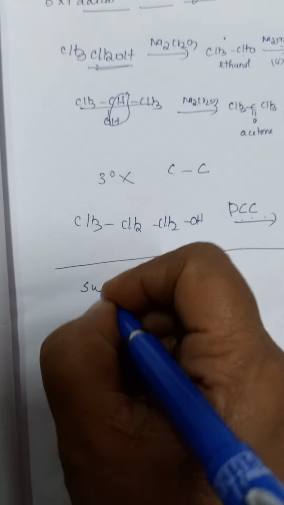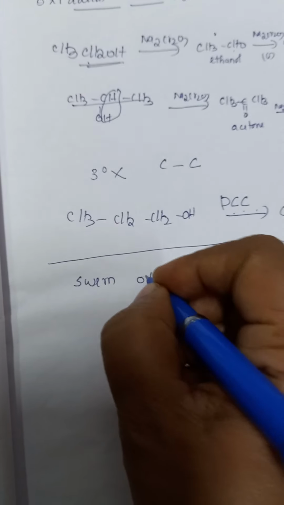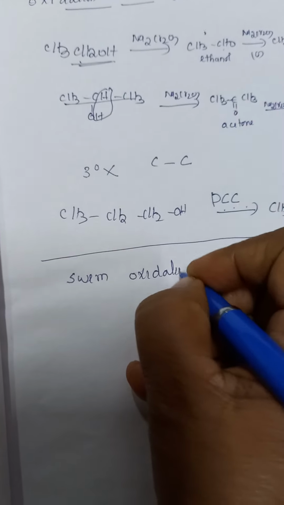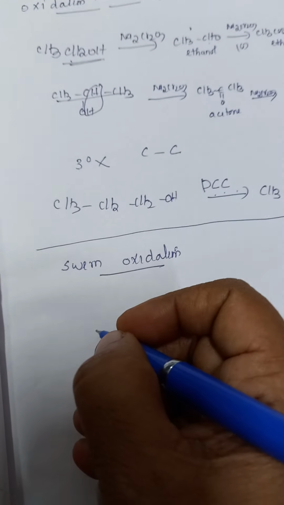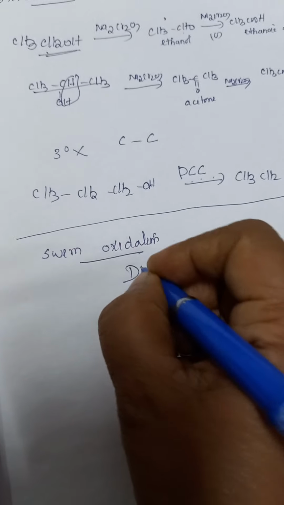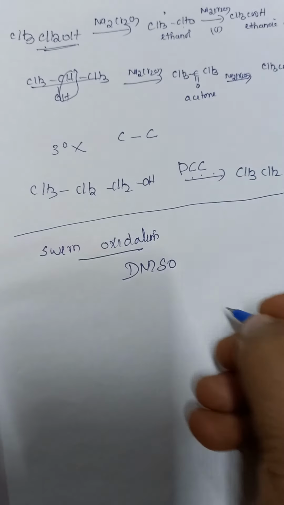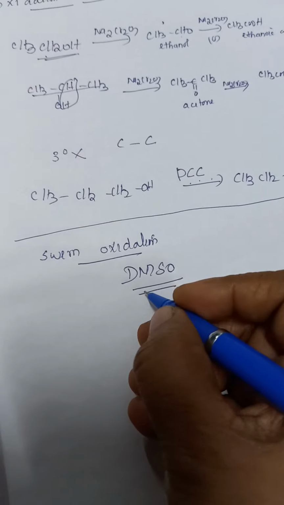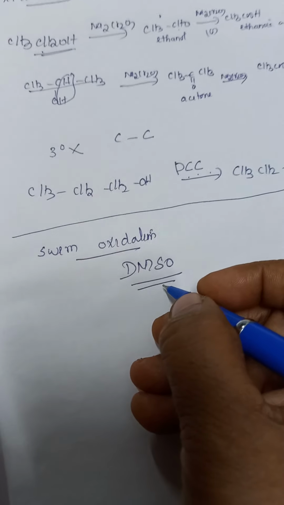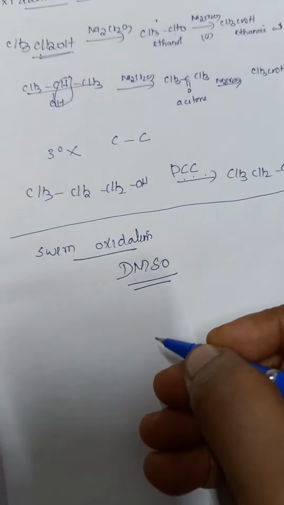Next, another one, Swern oxidation. In this method, dimethyl sulfoxide is used as an oxidizing agent, which converts alcohols to aldehydes or ketones.